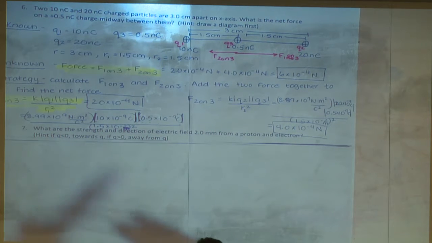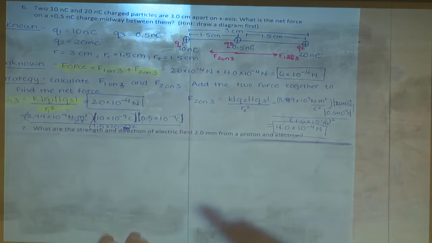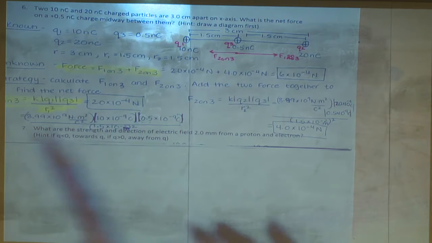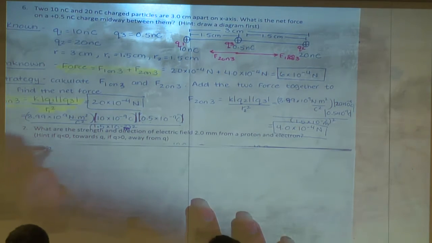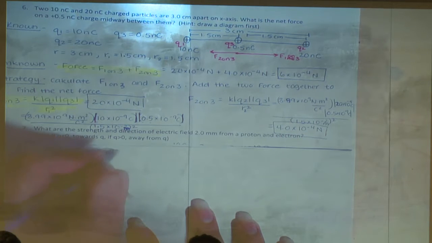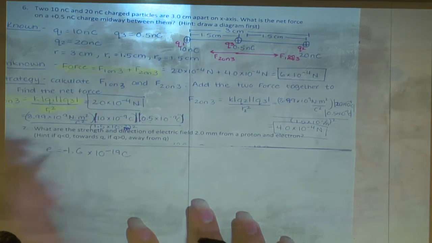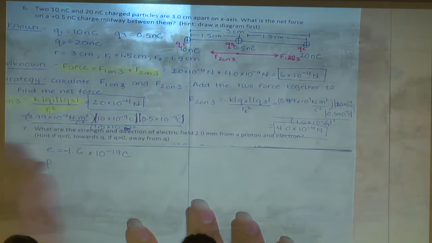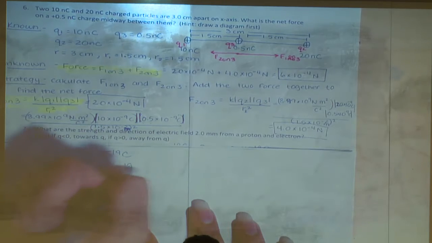The strength we can calculate with the electric field formula, but the direction is a little different. So what this line means basically is that if the charge is less than 0, so we know that the charge of an electron is 1.6 times 10 to the negative 19 coulombs, but it has a negative connotation to it. And then for a proton, our charge is 1.6 times 10 to the negative 19 coulombs.